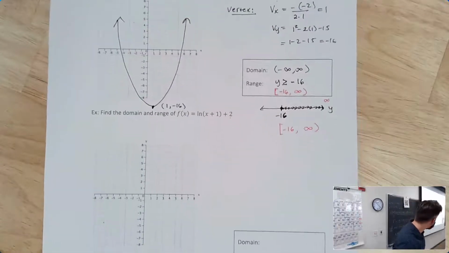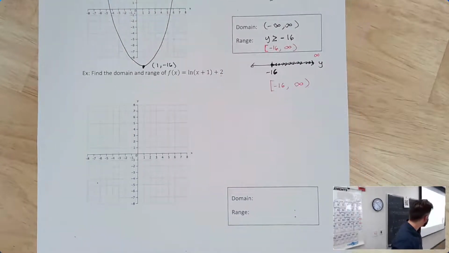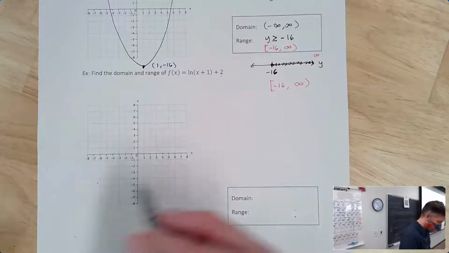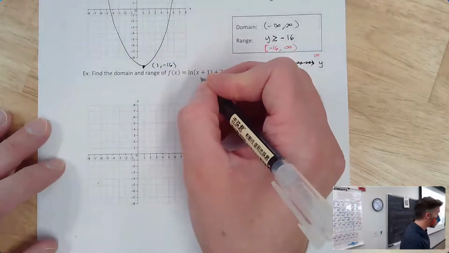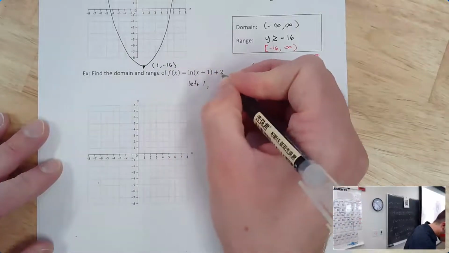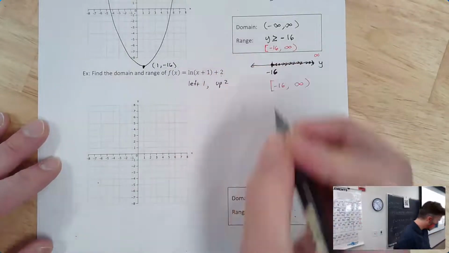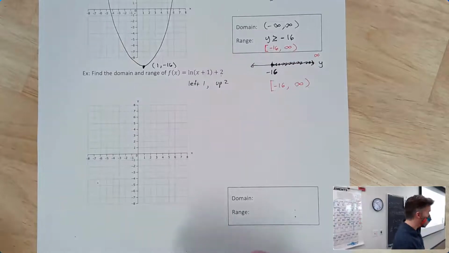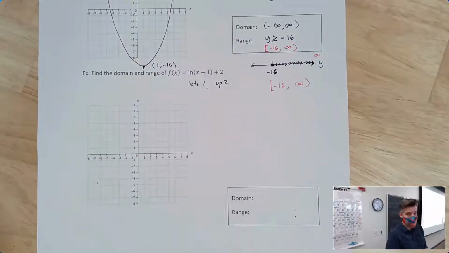Let's look at this next example. I want to find the domain and range of this logarithmic function that's been shifted around a bit. So I know, I think you guys know too, this function has been shifted left or right? Left. So it's left 1 and up 2. And so I'm going to think about where my original intercept would have been.